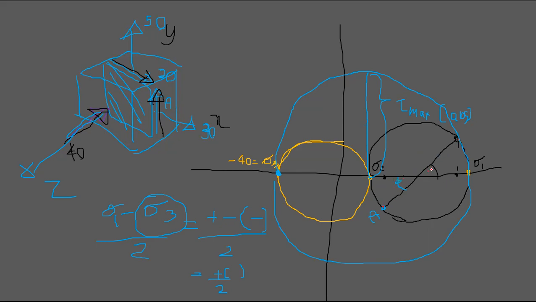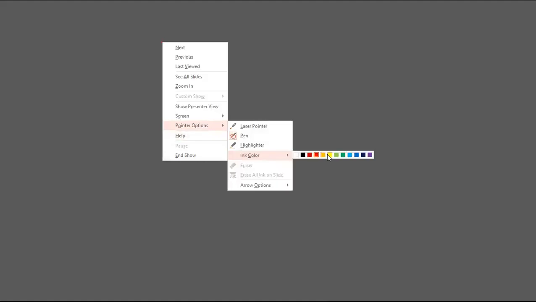Let's say this is alpha. So that means the original element has to be rotated by alpha by 2, right? On the x and y plane, right?